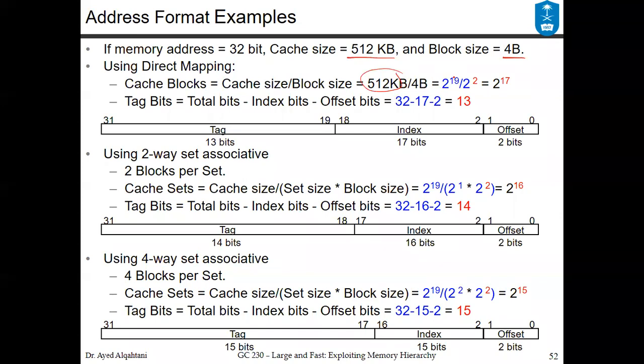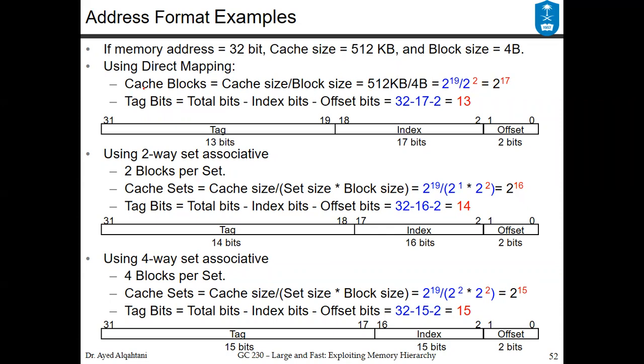So we got 2 to the power 19 because it's actually 2 to the power of 10 times 2 to the power of 9. 512 is 2 to the power 9. So you add the exponents, and it's going to be 2 to the power of 19, divided by 4 bytes, which is 2 to the power of 2. So if you do this division, you have 2 to the power of 17.